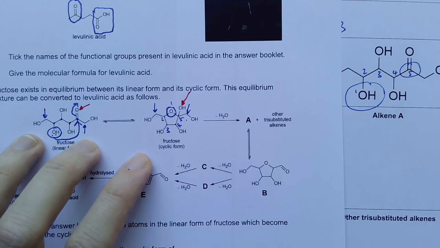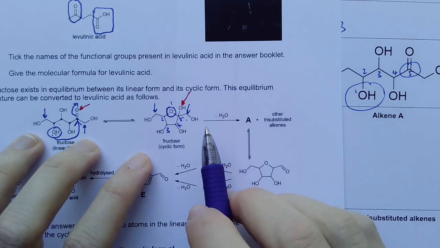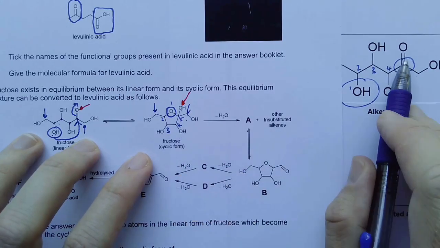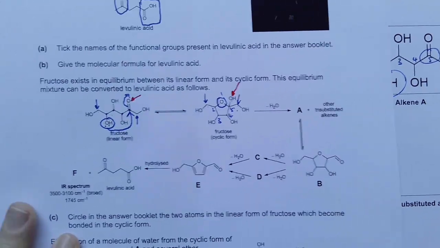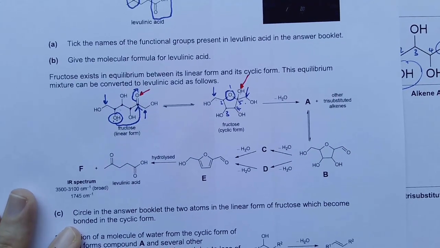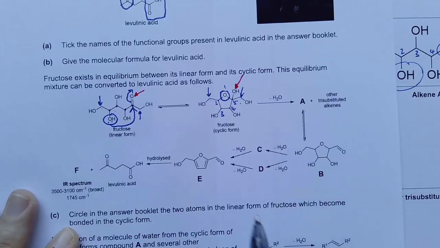Is that correct? Yeah, I think that's correct, because the 5 is bonded to this oxygen, and I said this oxygen was the carbonyl oxygen. Yep. So again, it's just about counting carbons, keeping track of carbons and other atoms between different forms.